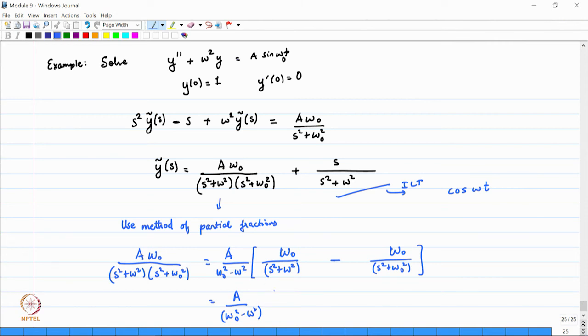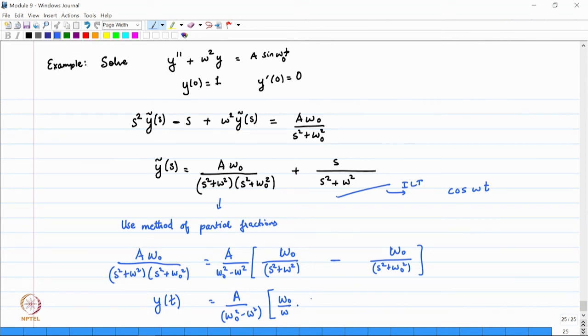Now, the first term I can write, let me just write y of t equals a over omega 0 square minus omega square. In the first term I want an omega here, so I will multiply and write this as omega 0 divided by omega into omega over s square plus omega square.